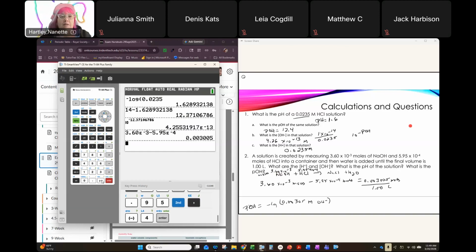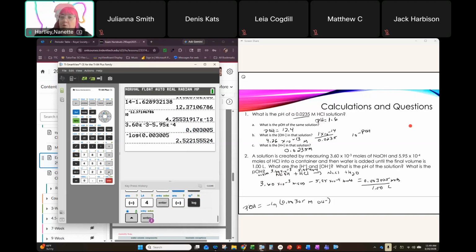So again, on my calculator, negative log. I hit enter, and that gives me 2.52. And of course, it should be 2.5.